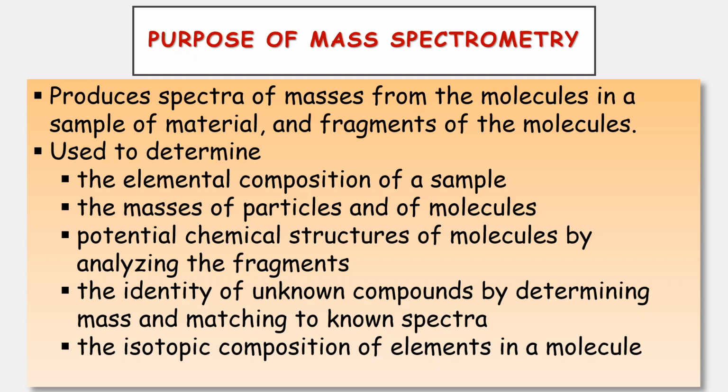You can then compare it to known mass spectra information, and you can then match your unknown to a known compound. And lastly, there's the isotopic composition of elements in a molecule. So not just simply talking about elements, but when you look at the molecule, how many isotopes are present of the different elements that make it up. Okay, so that is the purpose of mass spectrometry.